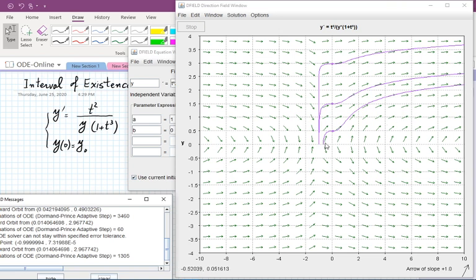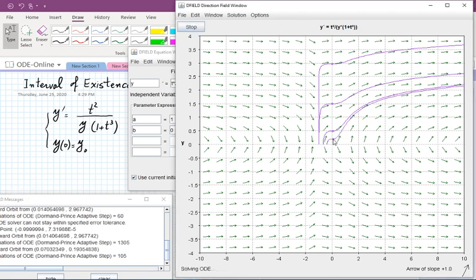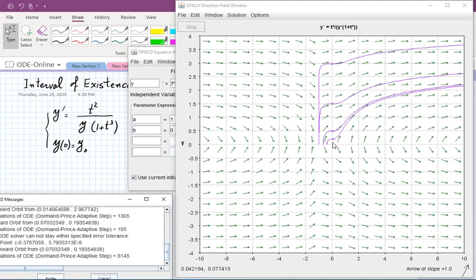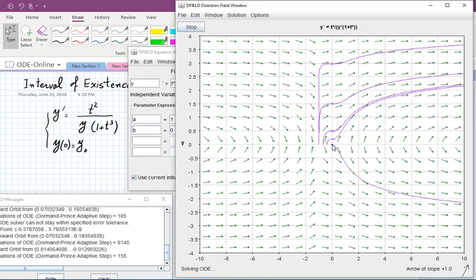But the question is, where do they start? For example, when I click at this point, I don't go back as far as minus 1. I'm stopping short of that. If I come closer, you see that I am even stopping earlier.